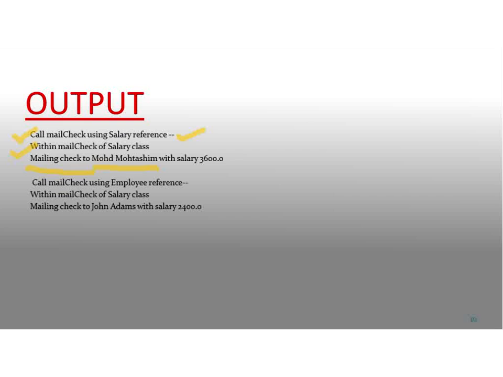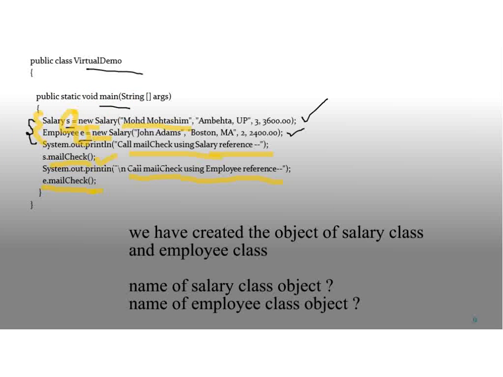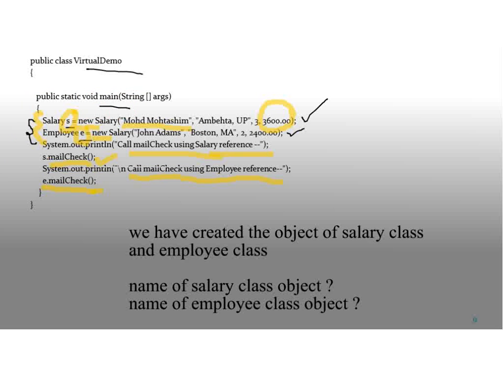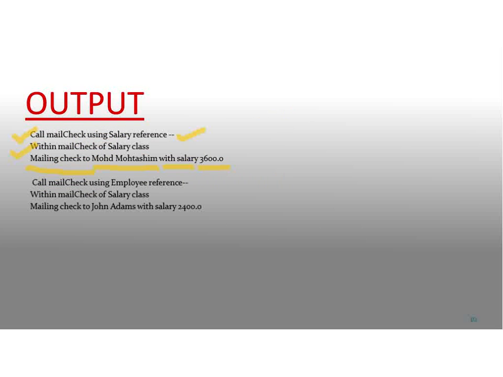This one. So this name is printed. And then we have the string with salary, and then the salary. So this digit will be printed.